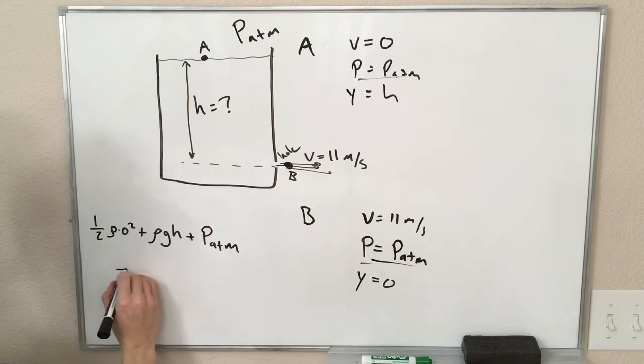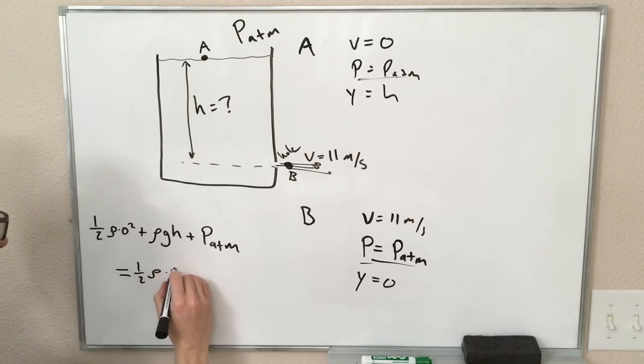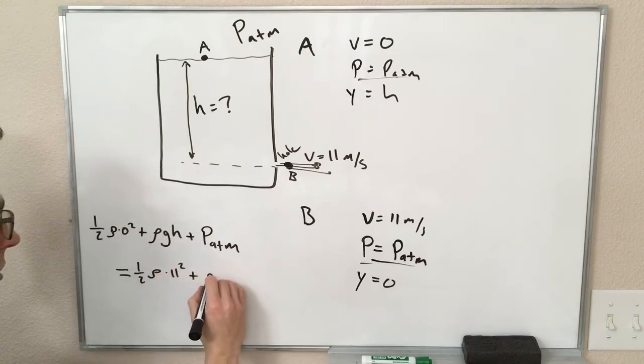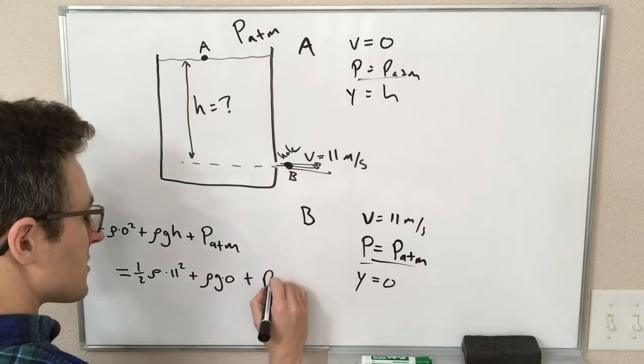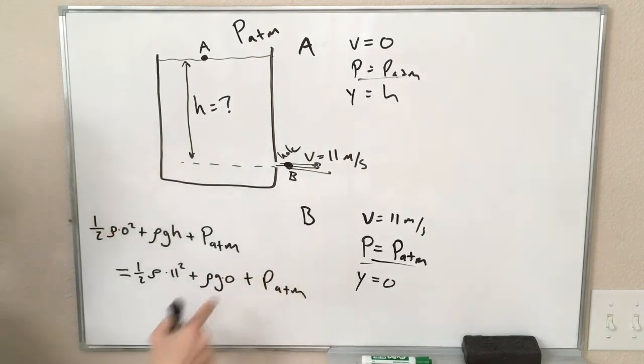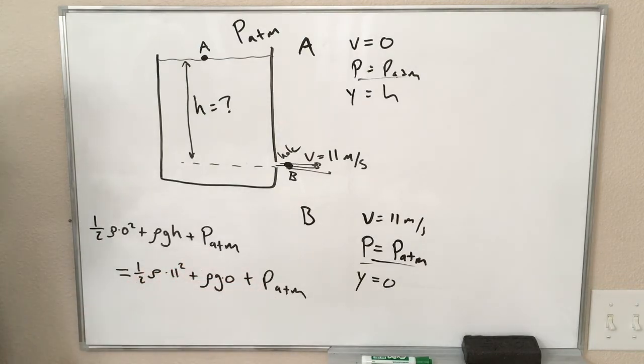So that is equal to that same stuff at B, that is 1/2 rho times 11 meters per second squared, plus rho g y equals 0, plus the atmospheric pressure at point B. So like I said, these two things are the same.